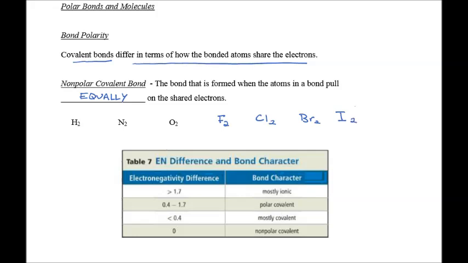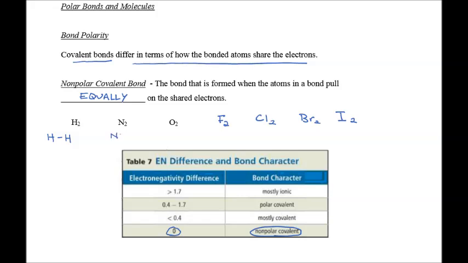If we were to draw the Lewis structure for hydrogen, it would be an H single bonded to an H. Because it's the same atom on each side, the electrons are pulled equally between the two. The electronegativity difference is 0, and it's called a nonpolar bond. Nonpolar, no poles. It is shared equally.